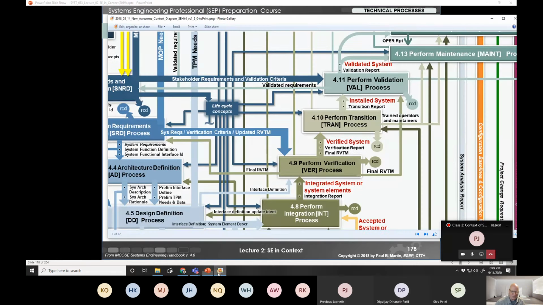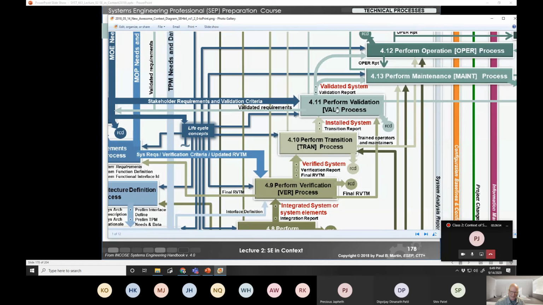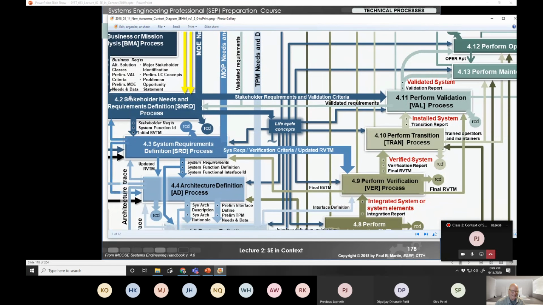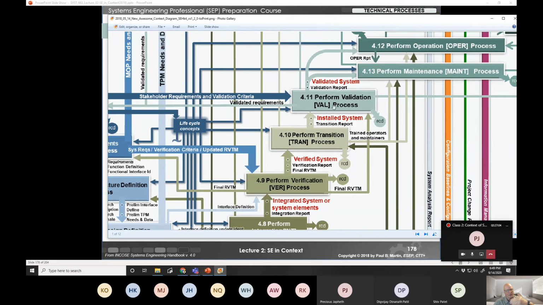As a matter of fact, when you look over here at validation, notice that the stakeholder requirements and validation criteria are an important input into your validation of your system. Once you go through whatever you do, mostly demonstrating it, you will have a validated system.